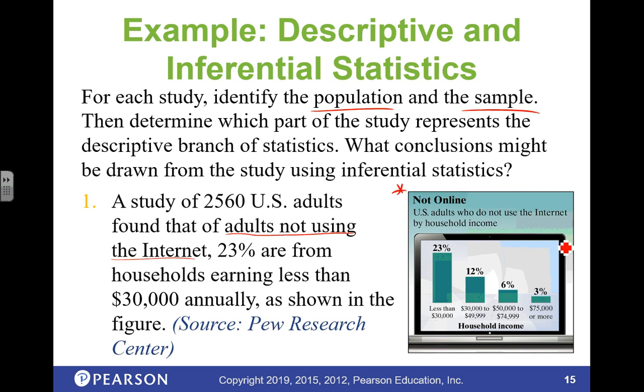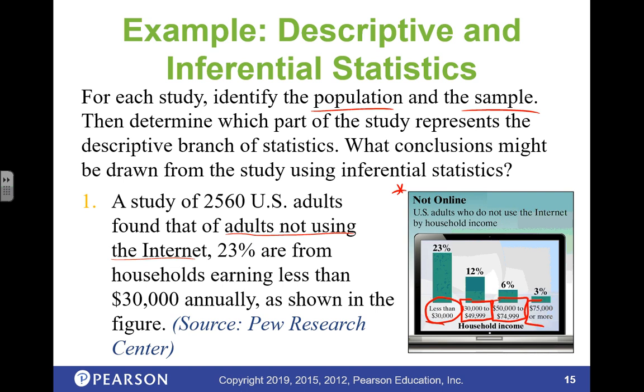So from adults that don't use the internet, 23% have less than $30,000 available in their household. 12% have basically between 30 and 50,000. 6% between 50 and 75,000, and then 3% have over $75,000 available.